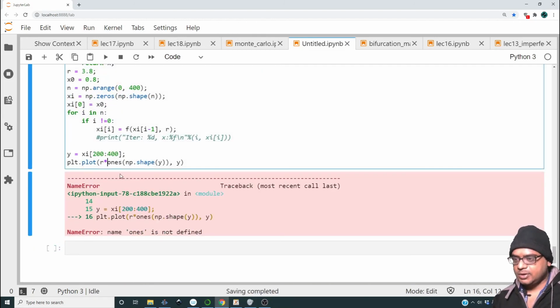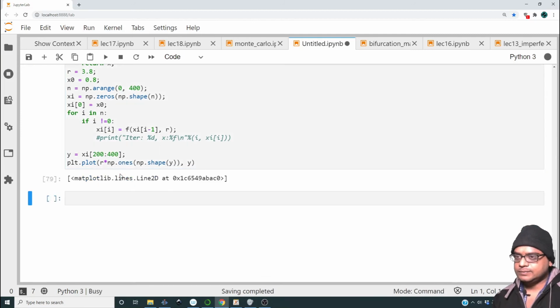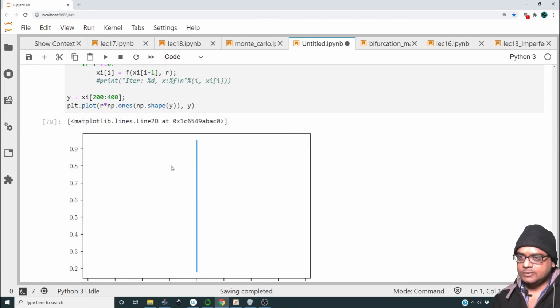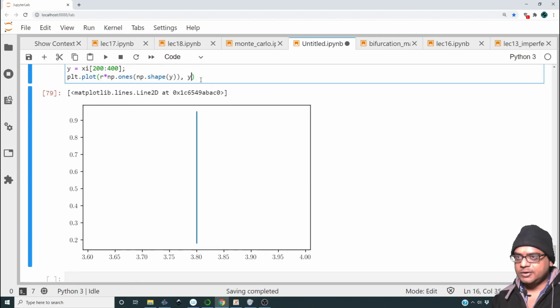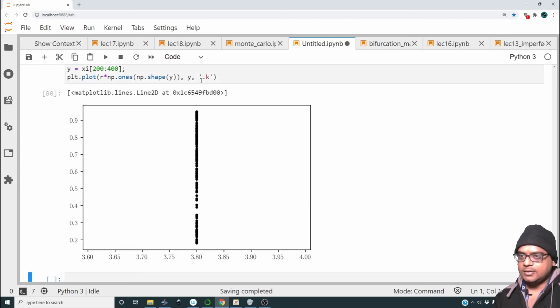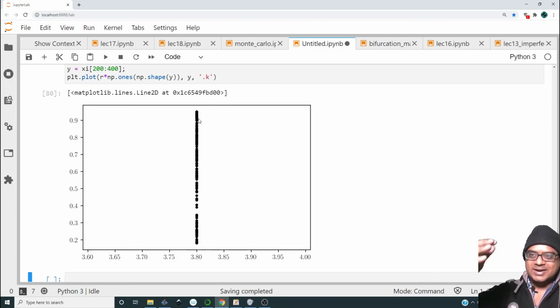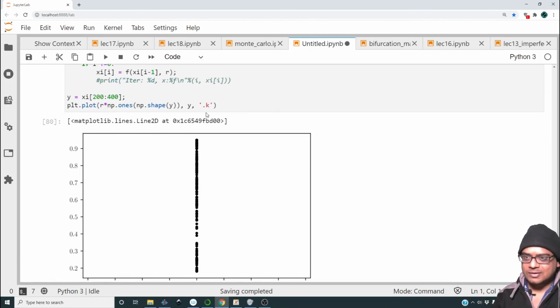This has to be np.ones. We only need to plot the points, we don't need to connect them by a line. It looks something like this because it's iterating and getting across all these points one after the other. There is no sequence inherent to this.